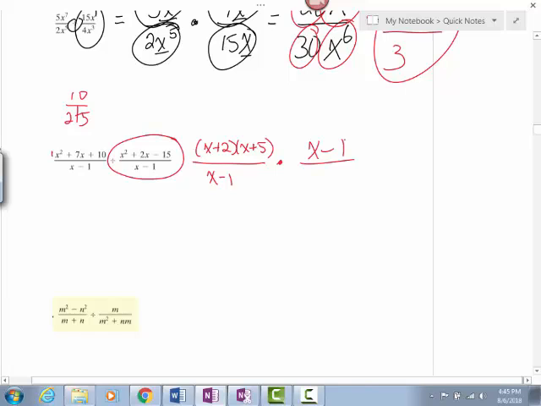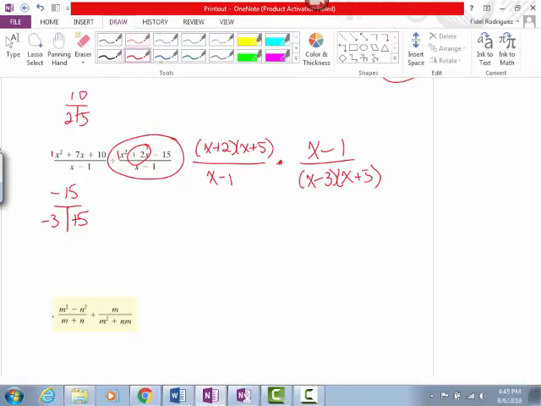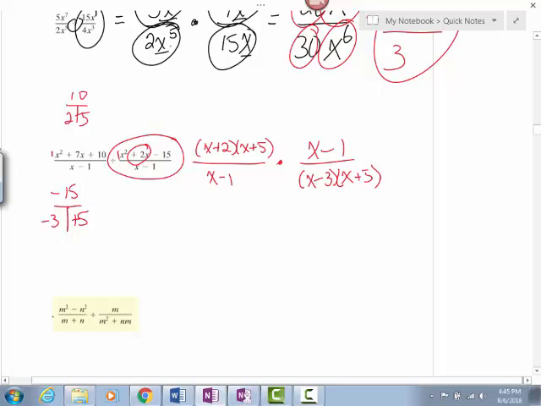But I need to factor the top part, which is now going to be my new denominator, right? So 1 times negative 15 is a negative 15. So we can use 3 and 5. That's a positive 2. That needs to be a positive 5 and a negative 3. So x minus 3 and an x plus 5. I think the hardest part in doing these problems is just the factoring, because this part should be the easy part, right?